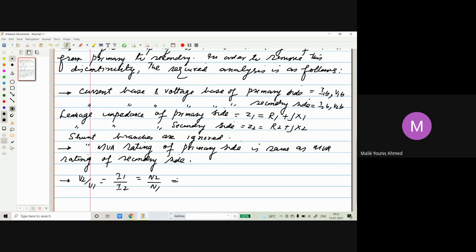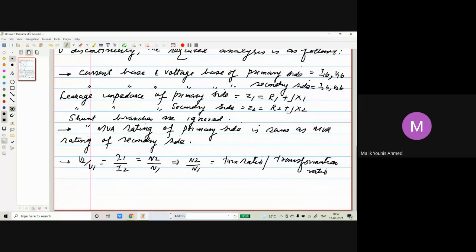Here N2 by N1 is the turn ratio, or we also call it the transformation ratio. That you already know.